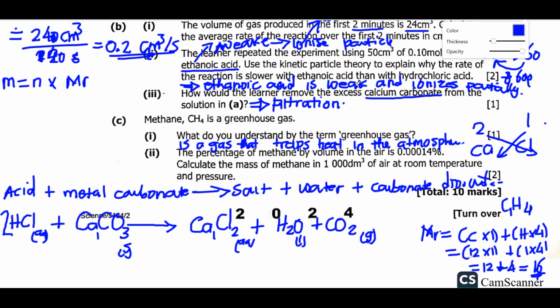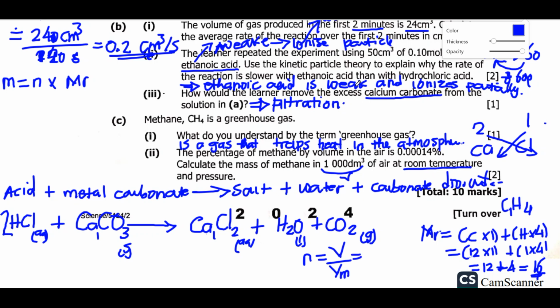Now what is left is that we need to find the number of moles. So how can we come up with the number of moles? We are given volume, and the condition, which is RTP. So to find the number of moles given this data, number of moles is equal to volume divided by molar volume.